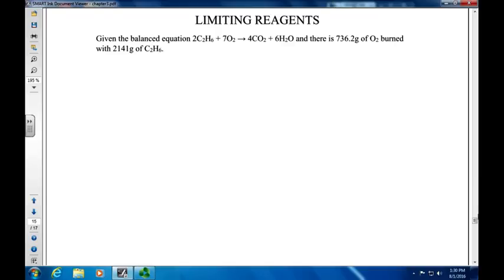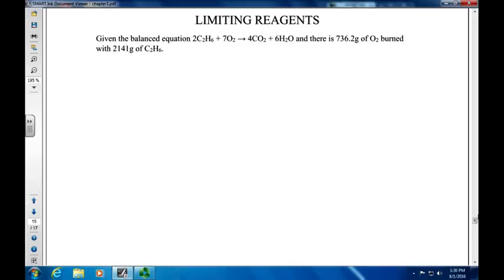We're going to start by determining which is the limiting reagent. We're given the mass of oxygen and the mass of ethane. So from there, we need to look at how we can determine which would be the limiting reagent. And the easiest and only way that you can is by comparing the moles. The least number of moles wins out because that is the reactant that will be consumed entirely first.